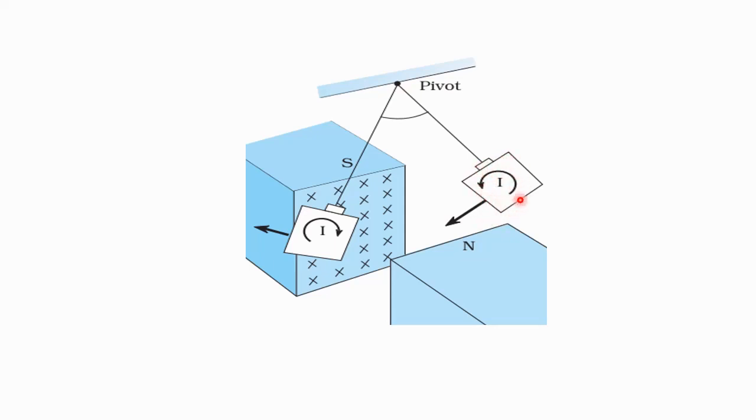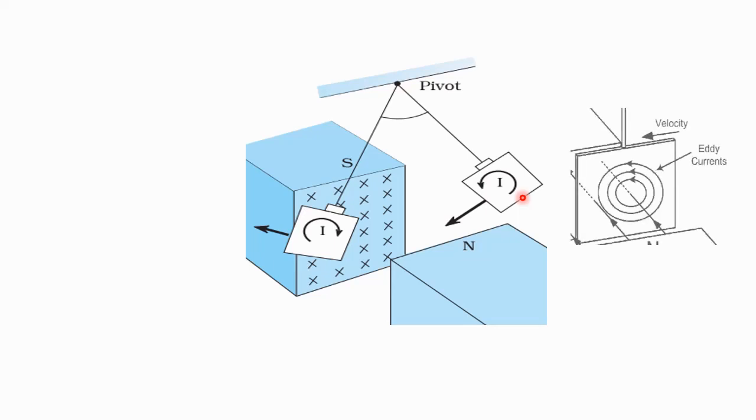In this metal sheet, there is no well-defined path for the current to flow, but this current will flow in very small loops and can be represented as shown in the diagram here. So these are the eddy currents which are flowing in small loops. The direction of the current here is anti-clockwise.